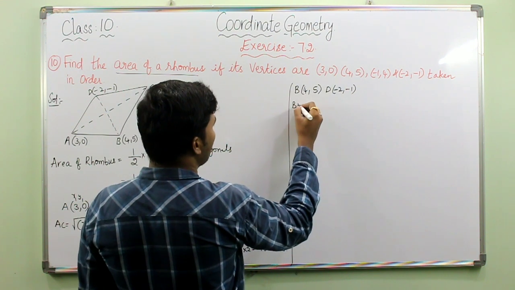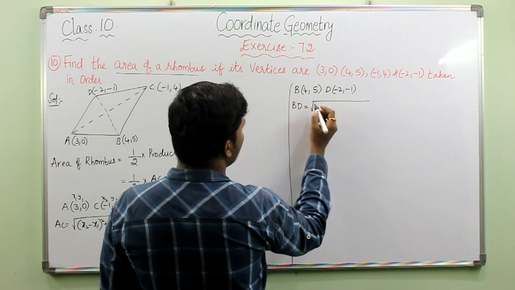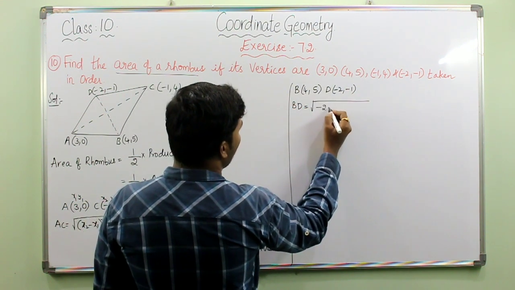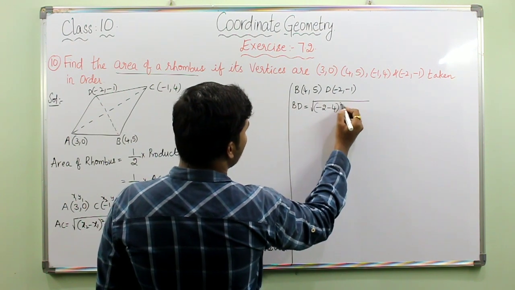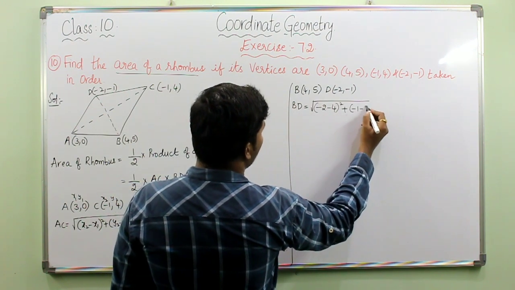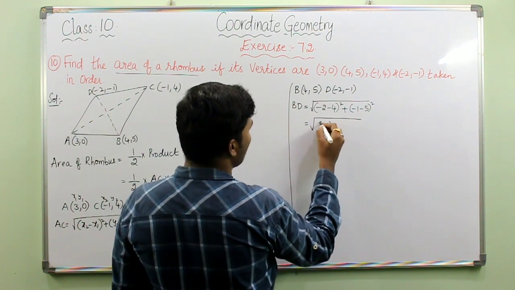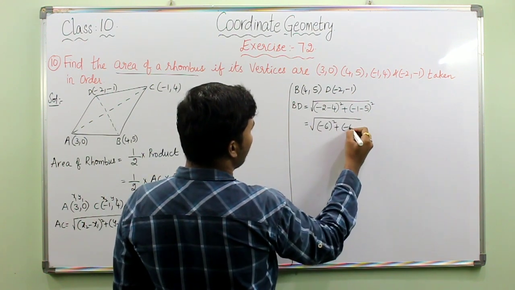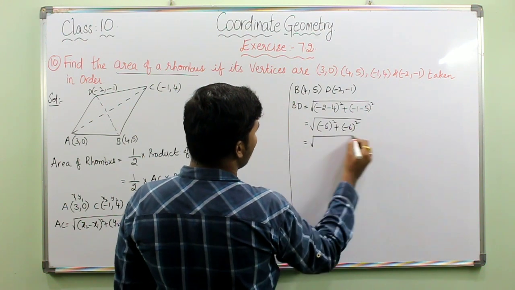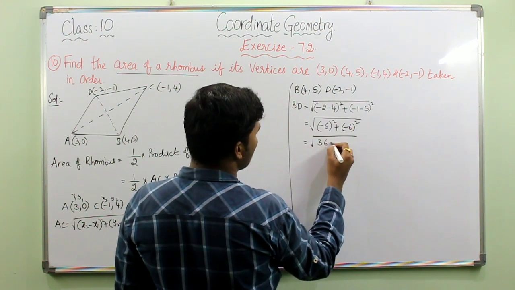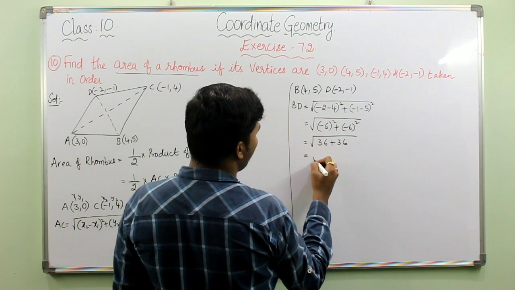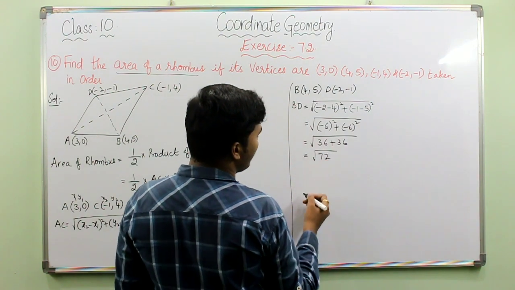Again by taking the distance formula, x2 minus x1 whole square, that is minus 2 minus 4 whole square plus minus 1 minus 5 whole square. This implies minus 6 whole square plus minus 6 whole square, which is equal to 36 plus 36, which you can write as root 72.